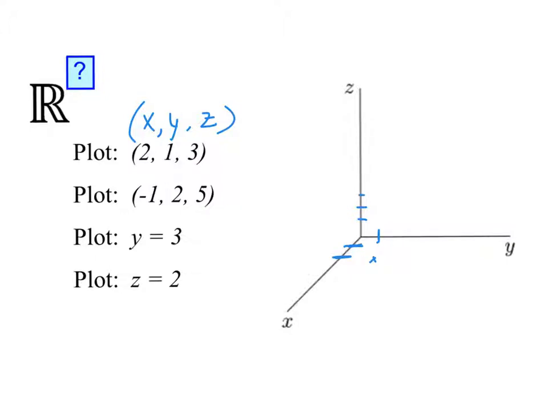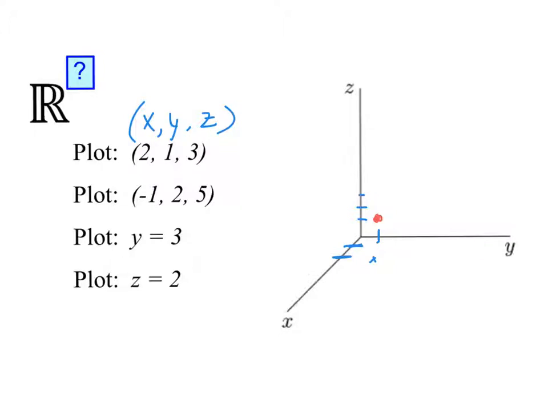Because it ends up being somewhere like right in here that you would go out 2, over 1, and up 3. And that's hard to look at. Because our paper is two-dimensional, it doesn't really look like it's in the right spot. Okay, but as difficult as it is, that is the correct way to draw.